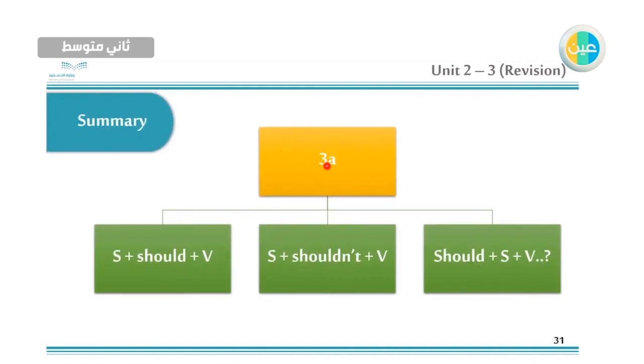And in lesson 3A, we talked about should, and we use subject plus should plus the main form of the verb. In negative sentences, it's the same, but instead of should, we say shouldn't. And in the interrogative, we flip the subject and should. So should plus subject plus verb and the rest of the question and question mark.